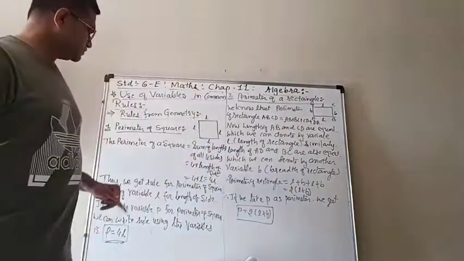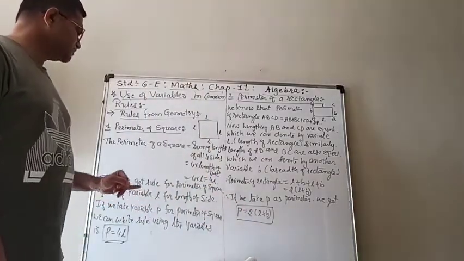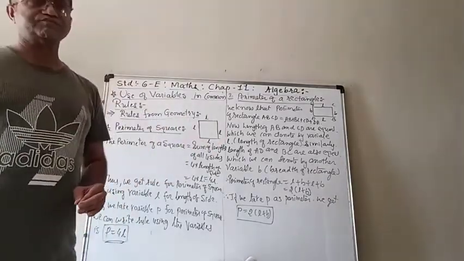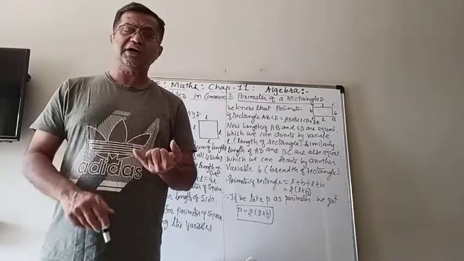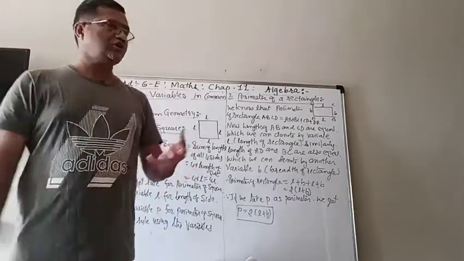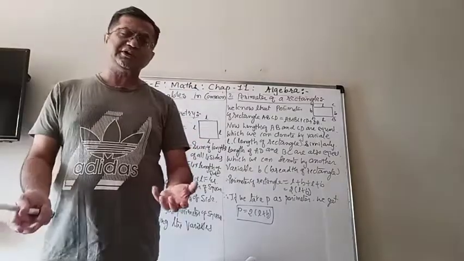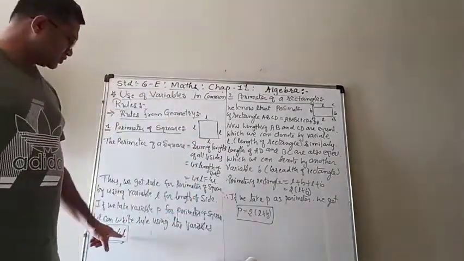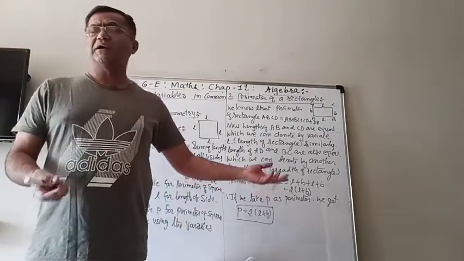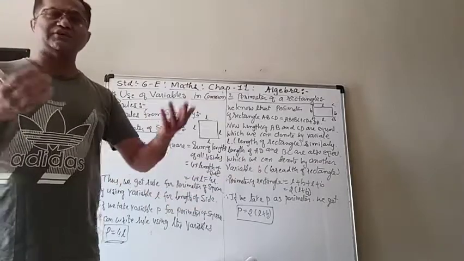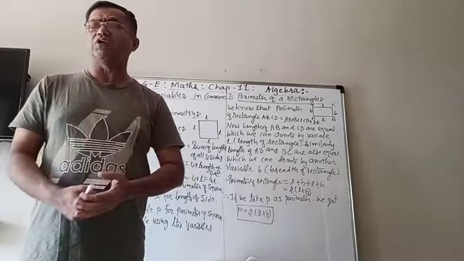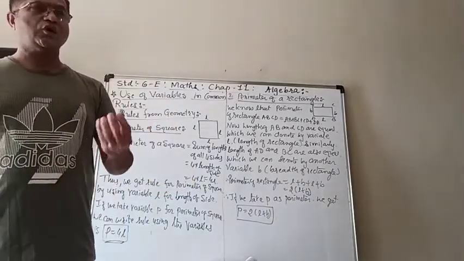Here L denotes the length of the side of the square. So if the length is 5 centimeters, then you put L equal to 5, you will get 4 5s are 20. If the length is 10 centimeters, 4 10s are 40. So L can take a different value according to the size of the square.